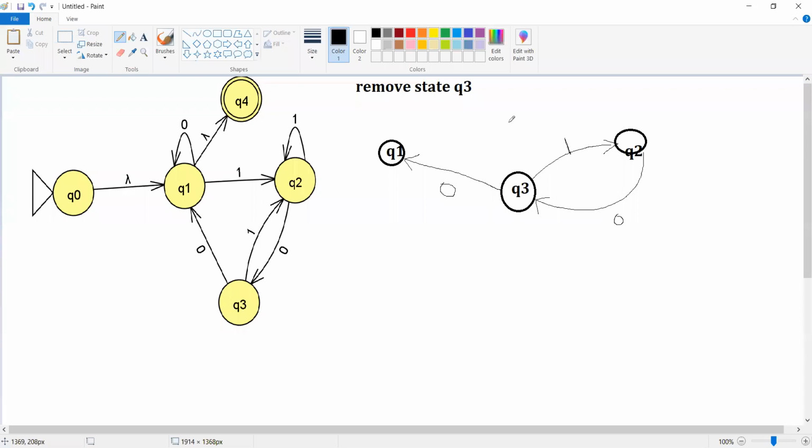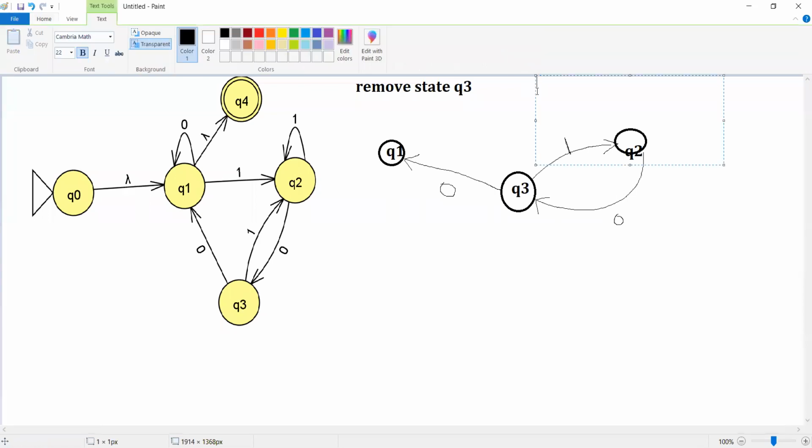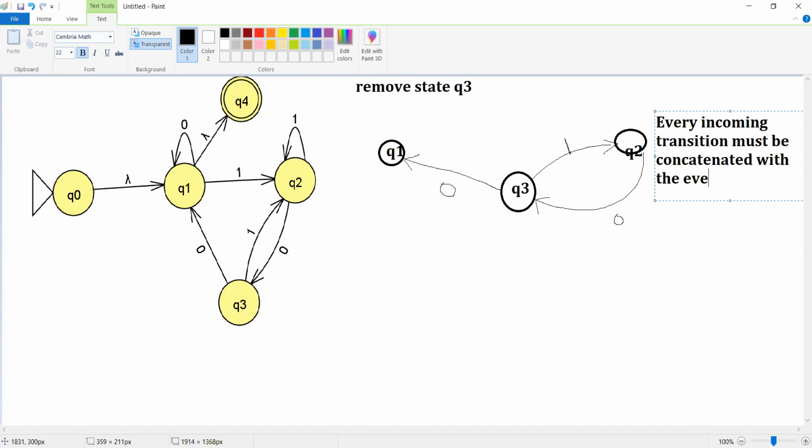Okay, now please make a note of this. While removing any state using the state elimination method, the rule is, please remember that, every incoming transition must be concatenated with every outgoing transition of that state.